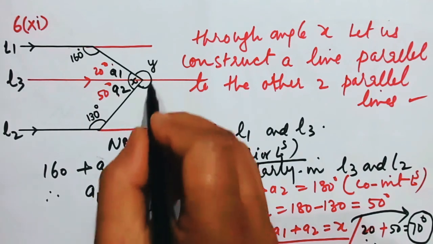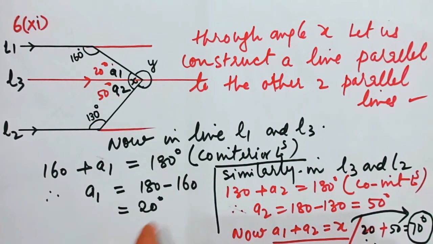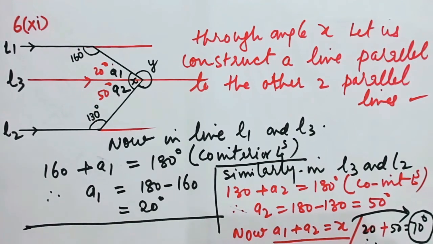Now, what about Y? So for Y, we can go through this. Y will be equal to 360 degree minus X. What is the reason for that?